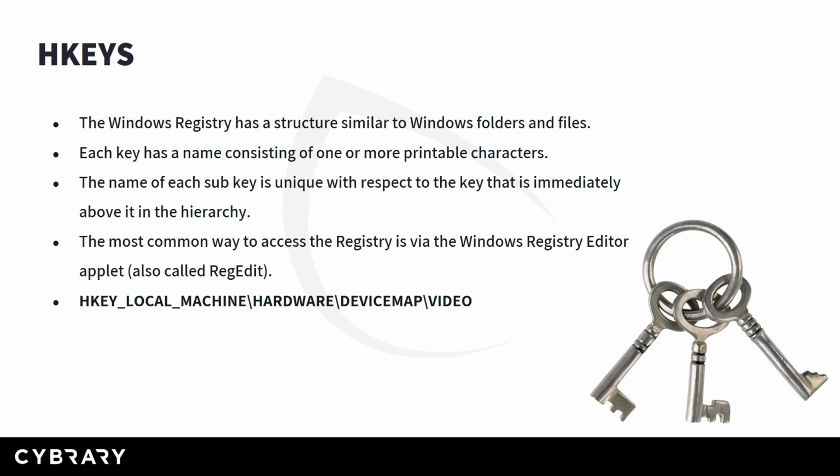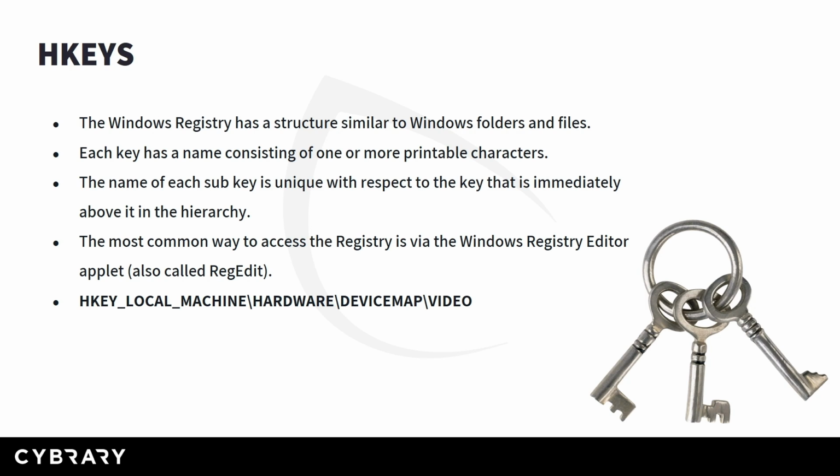Key names are not case-sensitive, and key names cannot include the / character, but any other printable character can be used. Value names and data can include the / character. The name of each subkey is unique with respect to the key that is immediately above it in the hierarchy. Key names are not localized into other languages, although values might be.